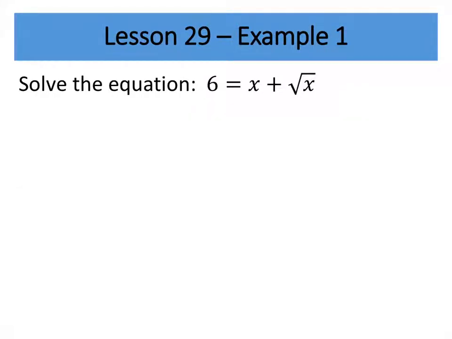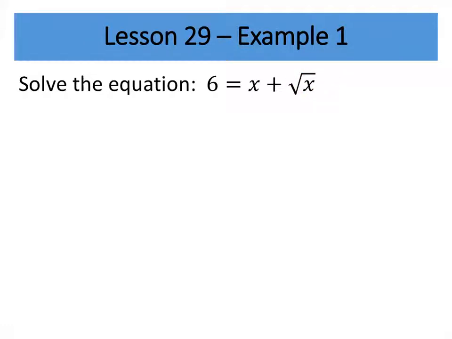All right, so this is example 1. We'll go over this quickly, and then I'll give you a little bit more work time. The task for example 1 is to solve this equation. Now, we've talked about what to do in the event that I've got a square root, but here I have x plus the square root of x. And if I start squaring this, I'm not going to like the result.